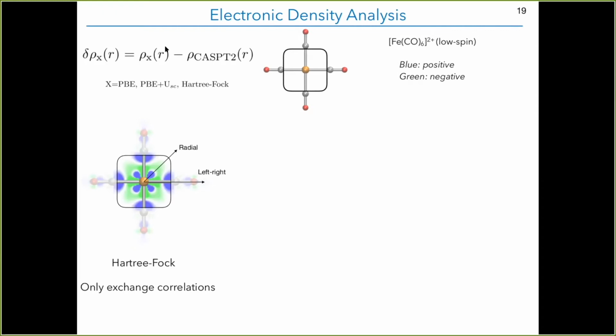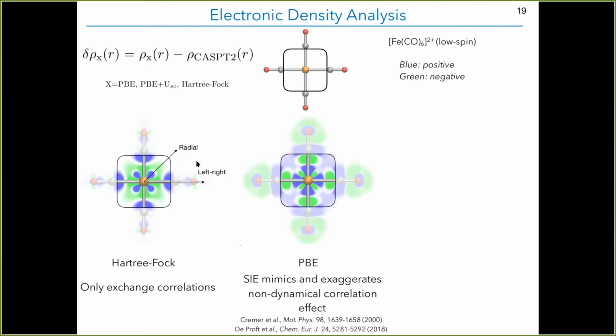In Hartree-Fock theory, which only treats exchange, we are not able to capture neither the double shell radial correlation effect, so the result is an electronic density too much localized in the region of the metal center, nor the left-right correlation, so the resulting electronic density is too much concentrated on the ligand. When we analyze the same plot with PBE, we can see that the pattern is completely reversed.